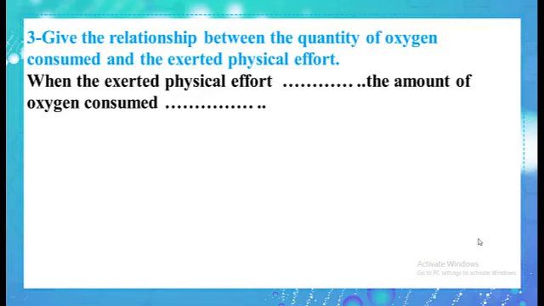Number 3, give the relationship between the quantity of oxygen consumed and the exerted physical effort. So as you can see from the graph, we have seen that the quantity of O2 increases with effort because the respiratory frequency increases and consequently the quantity of O2 entering the body will increase.